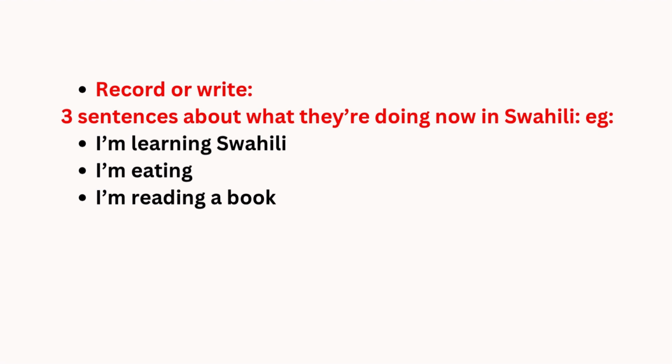When you're referring to other people, you have to include the subject prefix, so it's better to always include it. Instead of saying nakula, you say ninakula. That would be safer, because you will bring yourself to the custom of using the right subject prefix.